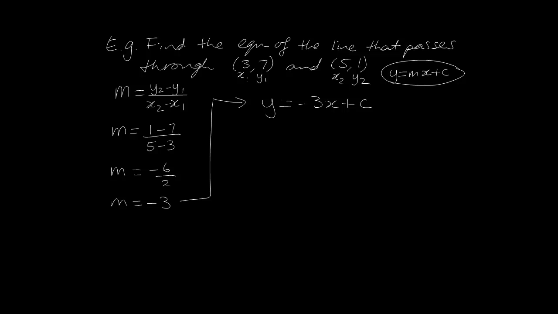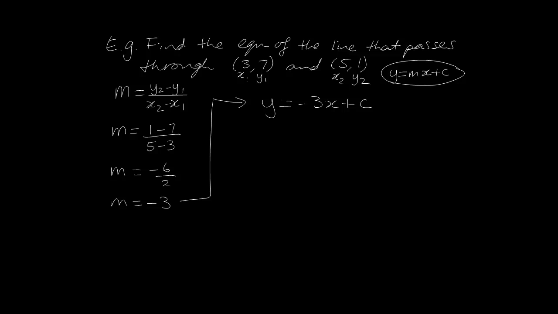Now in that previous example we started off at this point where we knew what the gradient was but we didn't know the value of c, and what we did was substitute one point that belongs to the line into the equation so that we could find out what c is. Now we're going to do the same thing in this case.